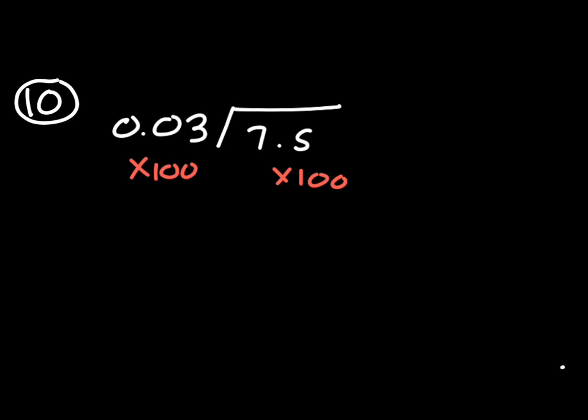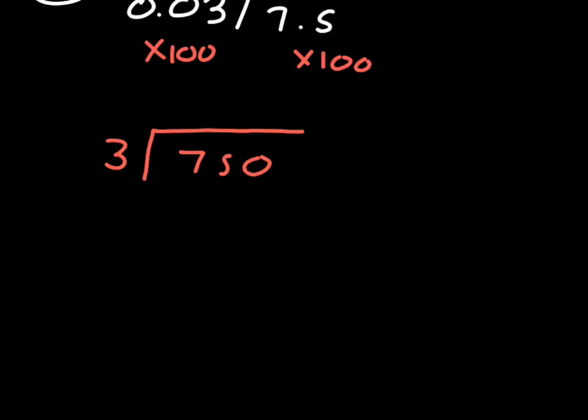So therefore, when we multiply 0.03 by 100, we will get 3. And when we multiply 7.5 by 100, we will get 750. We can now divide easily.